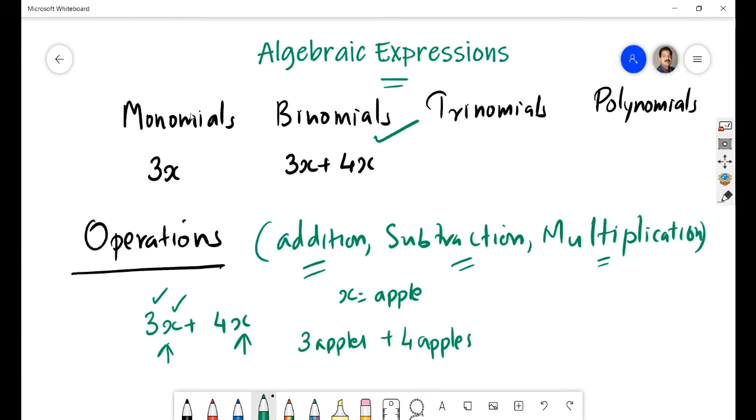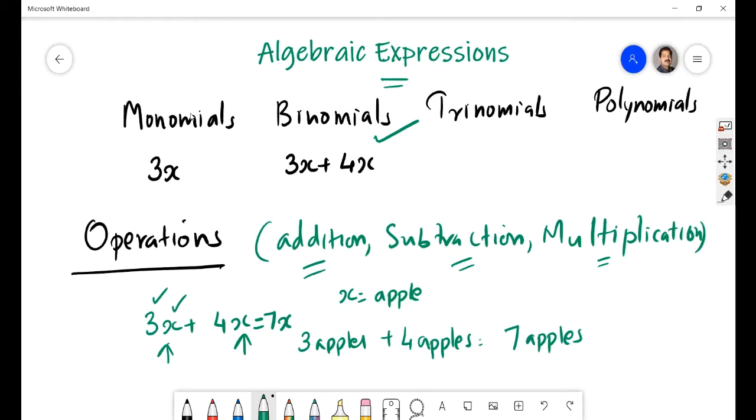Naturally it will become 7 apples. The same way, if the algebraic expression, especially a monomial like this, contains the same variable, you can simply add and write. That means here the answer will be 7x.